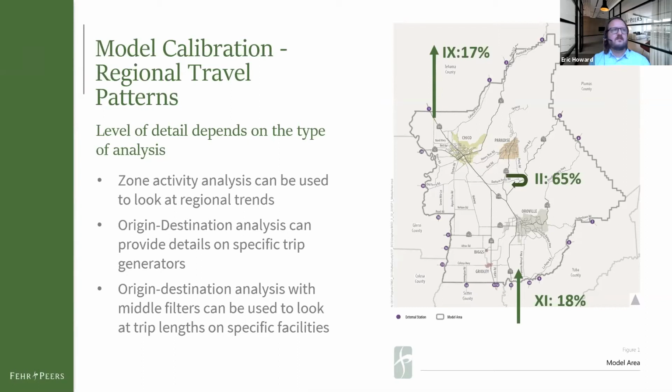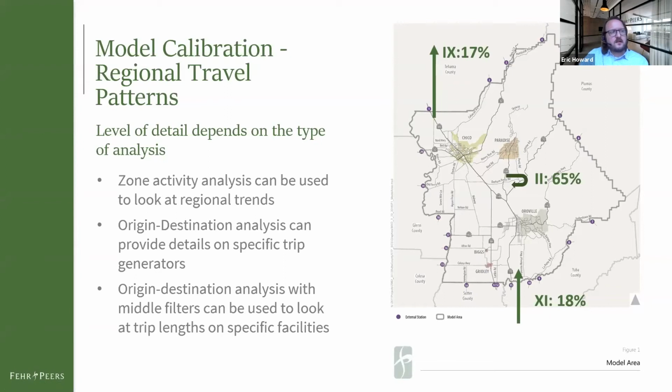Just like the graphic here shows, the gray boundary mark is the BCAG model boundary, and then we evaluated the number of trips that enter and leave the area. We were also able to use the Insight platform to draw zones around specific trip generators that are unique and special. So in this case, we ended up looking at the regional shopping mall, the regional focus shopping mall that's just north of Oroville.